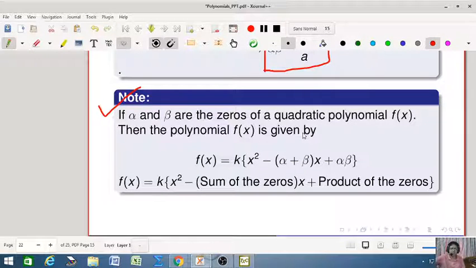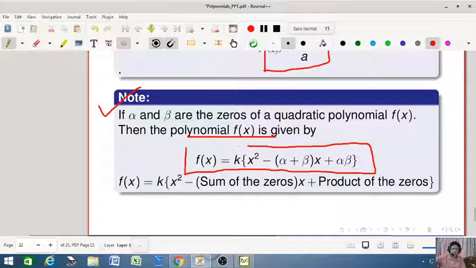if you know the zeros only, it is given that alpha beta are the zeros of the quadratic polynomial f(x), then how will you find out the polynomial? This is the formula. The formula is k into x square minus sum of the zeros into x plus product of the zeros.